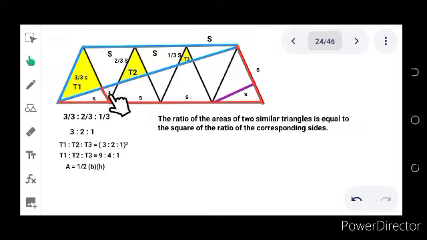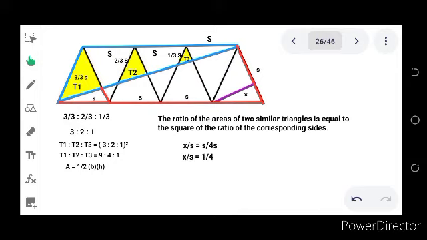So we'll solve for this one. To solve for X, since these two are similar triangles, we establish the ratio X over S equals corresponding sides S over 1, 2, 3, 4S.